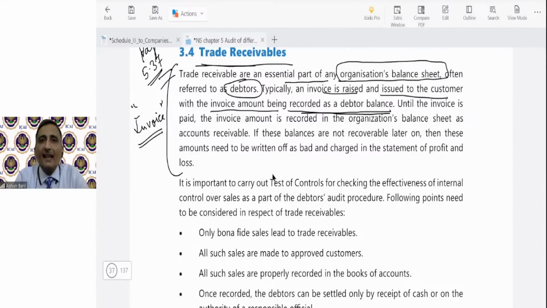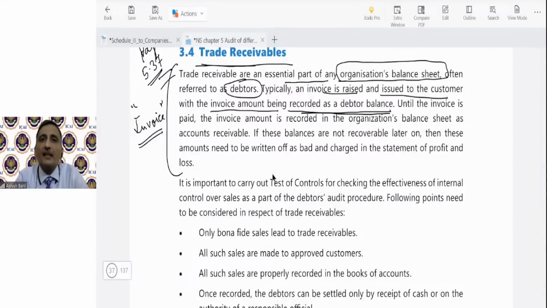But in the examination, students, you have to take care to see whether the question is asked in the context of a company or a non-company. If the question is about a company, then obviously the requirements of the Companies Act 2013 and Schedule 3 would apply.